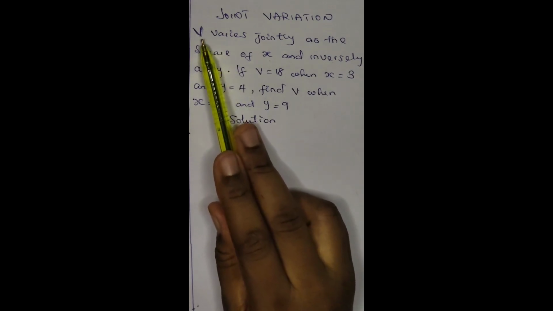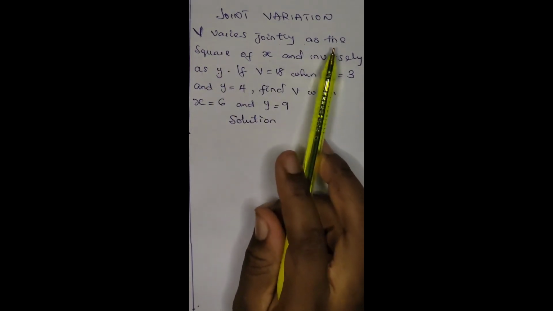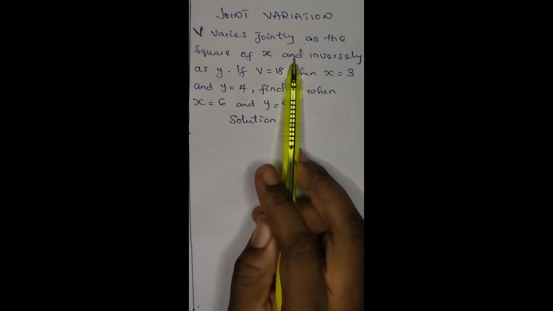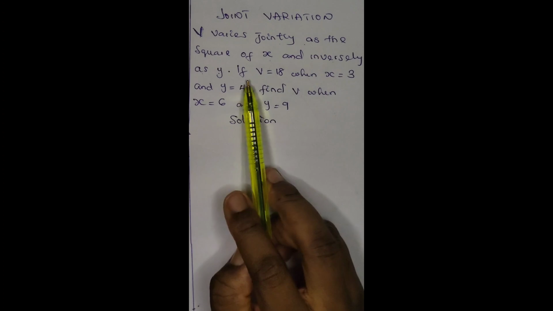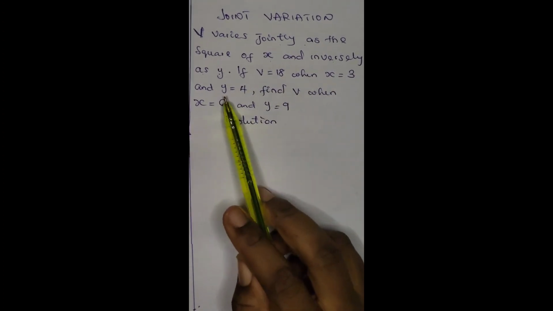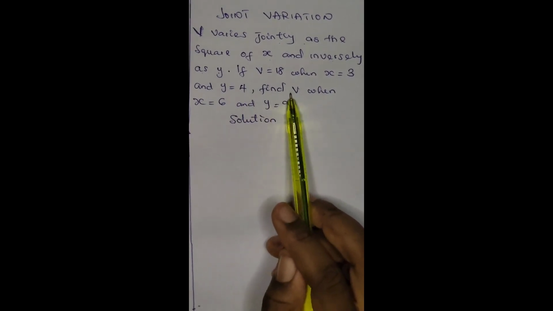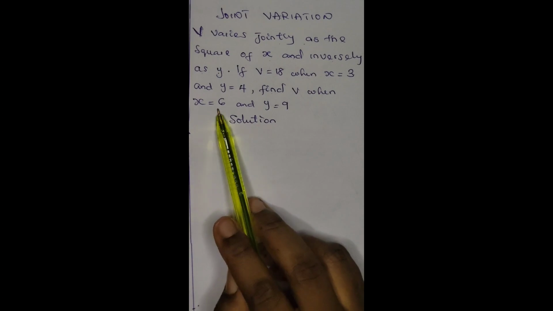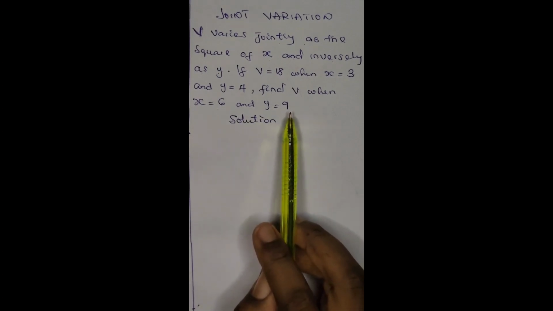The question says v varies jointly as the square of x and inversely as y. If v equal to 18 when x equal to 3 and y equal to 4, find v when x is equal to 6 and y is equal to 9.